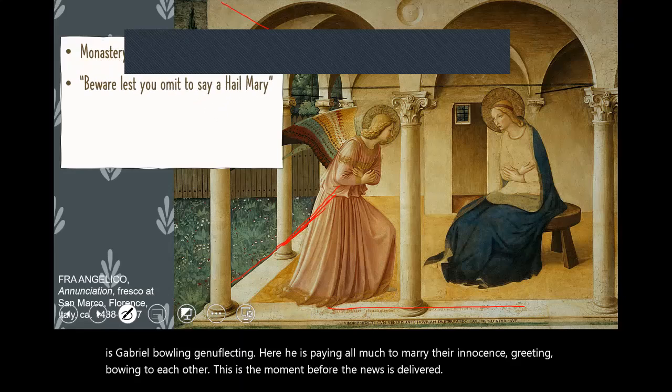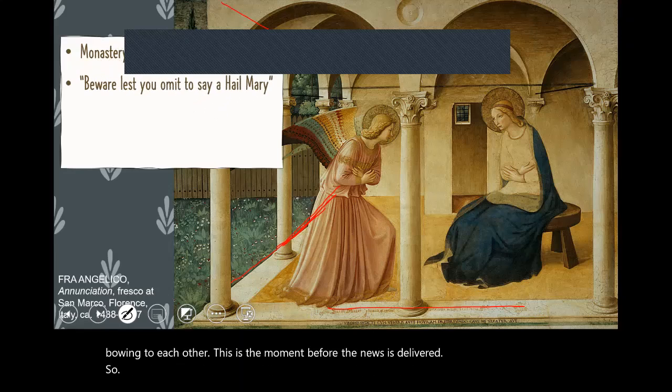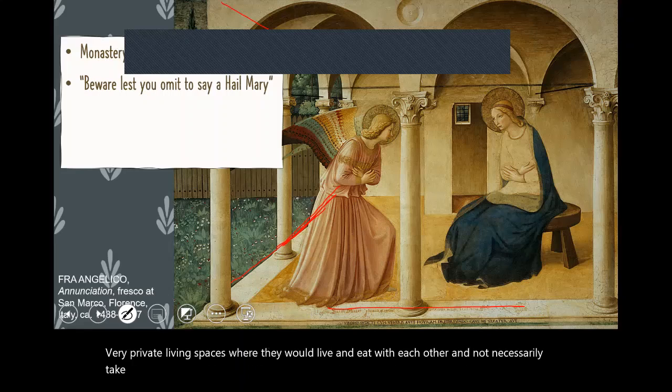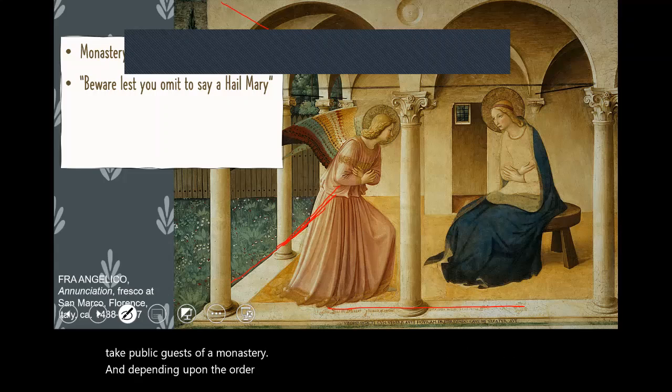So, a couple things about what makes an artist like Fra Angelico choose this mode. This is in the refectory, or essentially the very private living spaces where they would live and eat with each other and not necessarily take public guests of a monastery. And depending upon the order even, that would affect how they approach art.